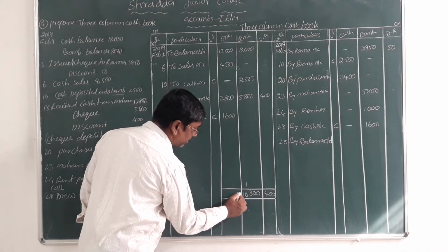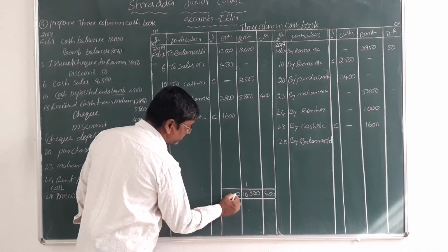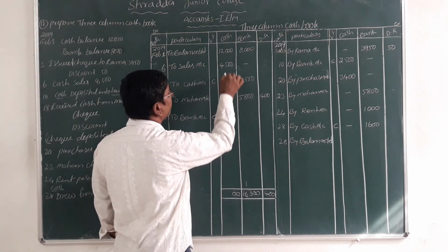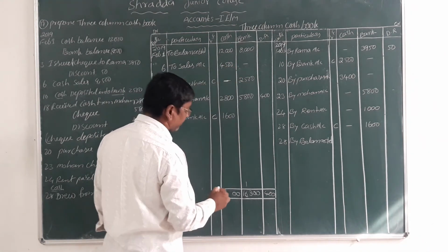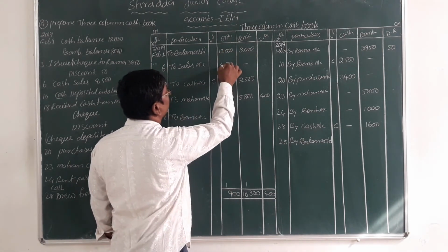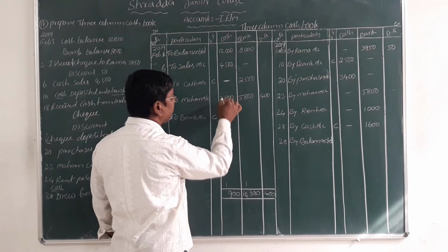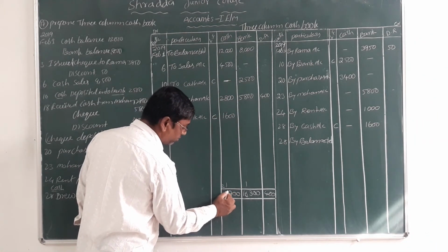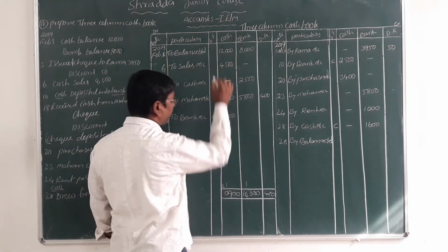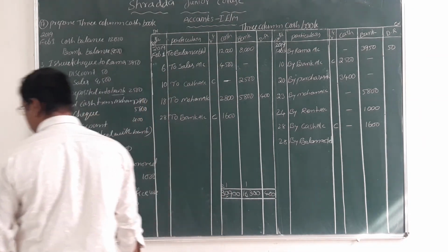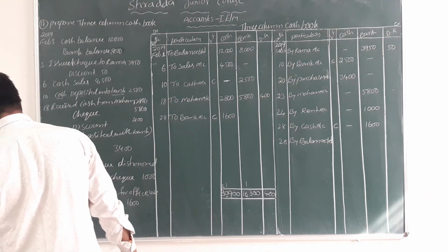First column is 0. Second column is also 0. Third column 6, 8, 14 plus 5 is 19, 9, 12, 4, 16 plus 2 is 18, plus 1 is 19, plus 1 is 20, 2, 0. 1 plus 2 is 3. What is the amount? 30,900 rupees.